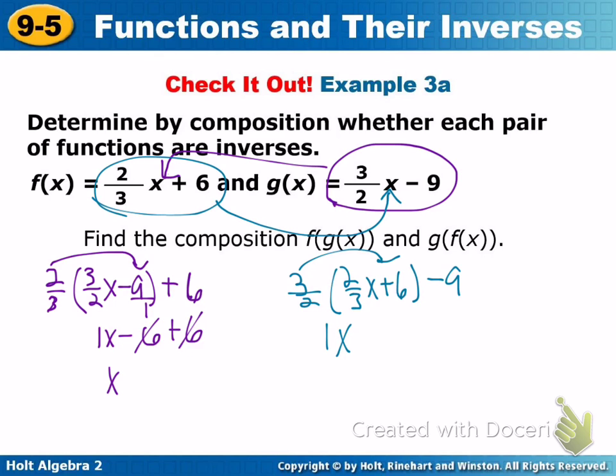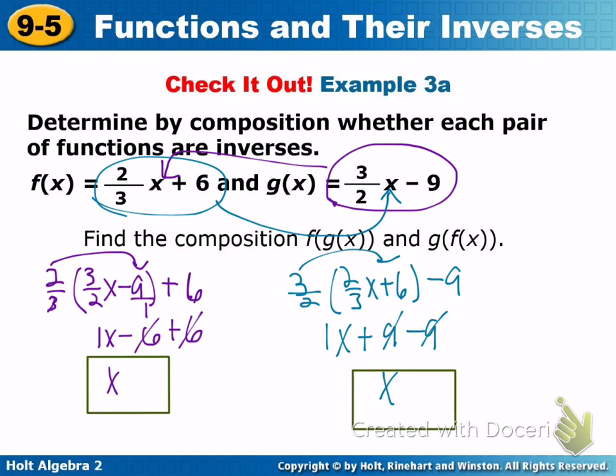Okay, the 3/2 times the 6: 6 times 3 is 18, divided by 2 is 9, so plus 9 minus 9. Cancel, and we're left with x. All right, so what's our answer? Our answer is yes, they are.